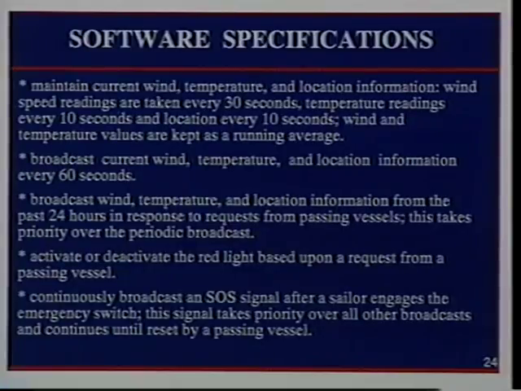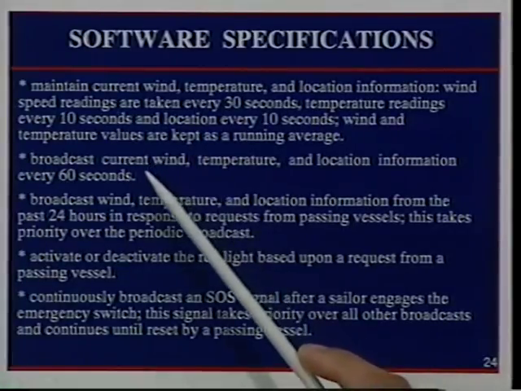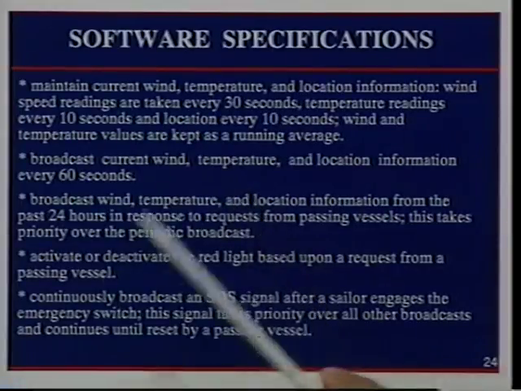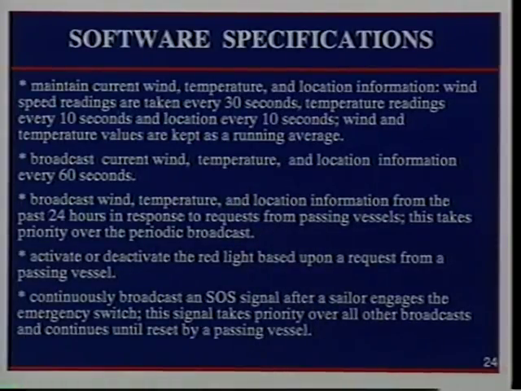And every 60 seconds, you broadcast the current wind speed, the temperature of the water, the temperature of the air, and the location information. Again, you broadcast the wind speed, the temperature of both the air and water, and the location information from the past 24 hours, if someone requests that information.